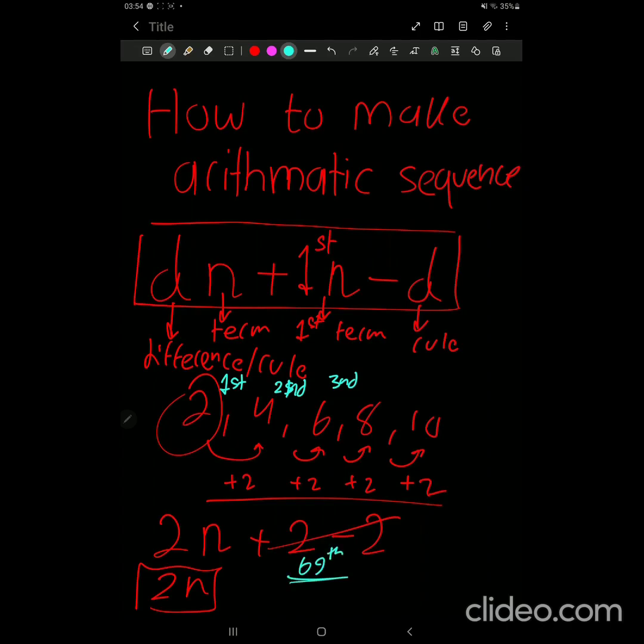To find this, it would take a lot of time if we just use the basic method, where we just add plus 2 until we get to the 69th term. Therefore, this formula is useful, so we just have to replace the n with 69. So 2 times 69 will be 138. And yeah, that is so helpful.